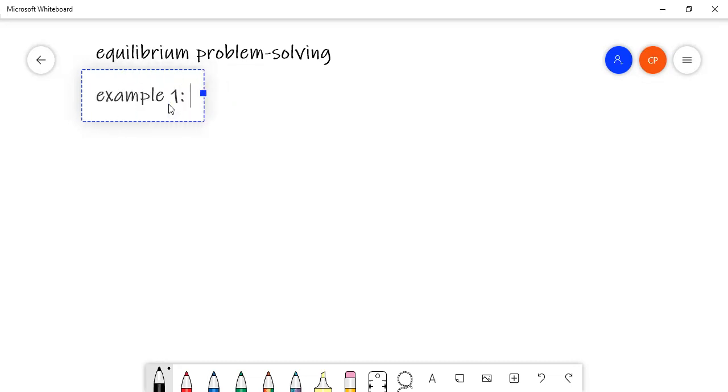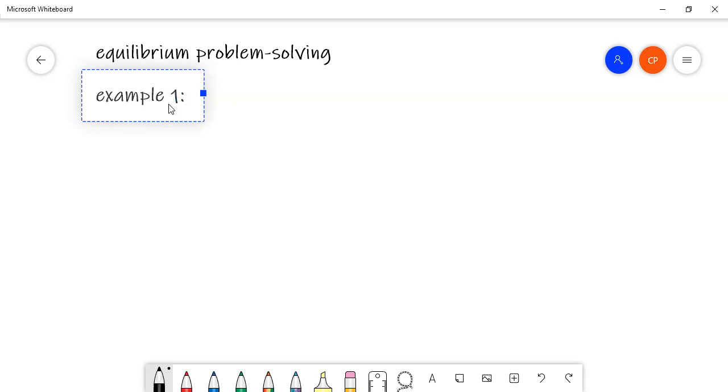So, my path is going to be to do an example first, note the patterns that appear in that example, and then come back to how I want you to approach those patterns in a second example.